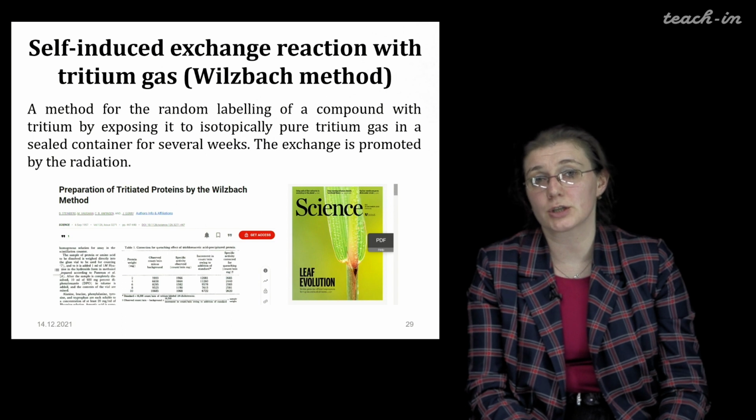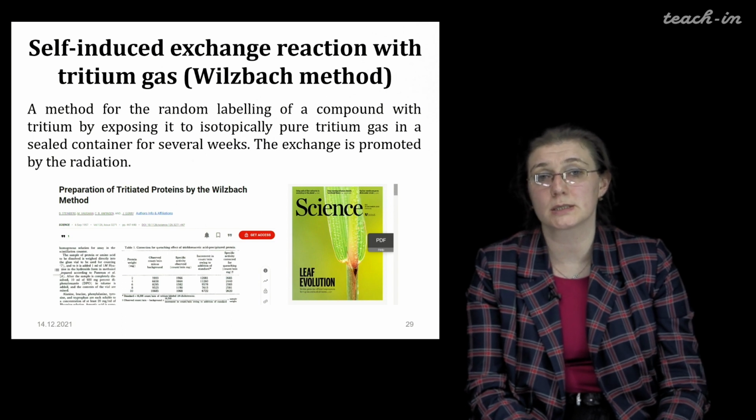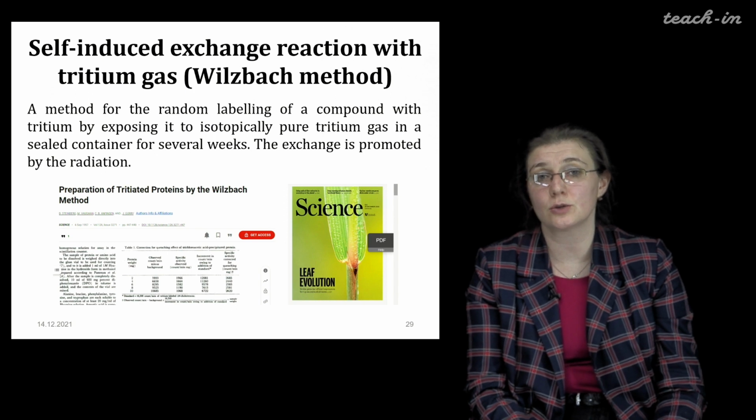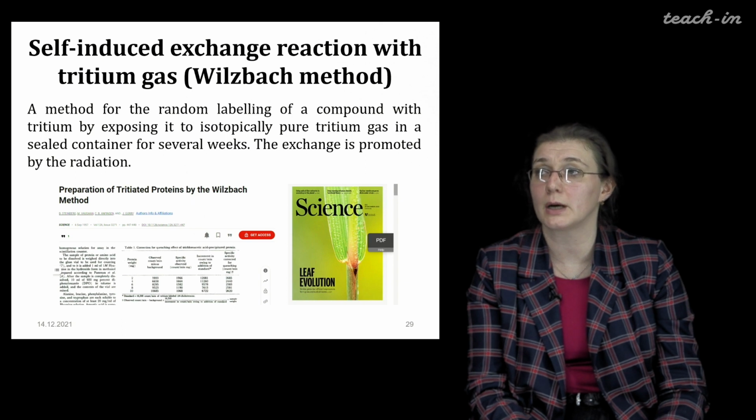Such cations interact with the organic molecule, and so tritium is introduced into the biomolecule.